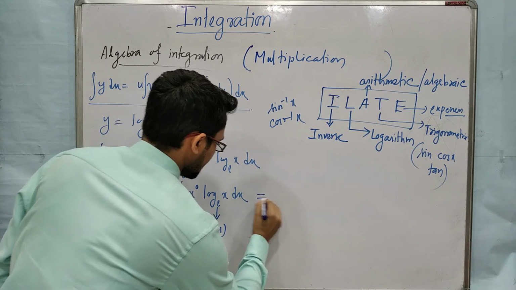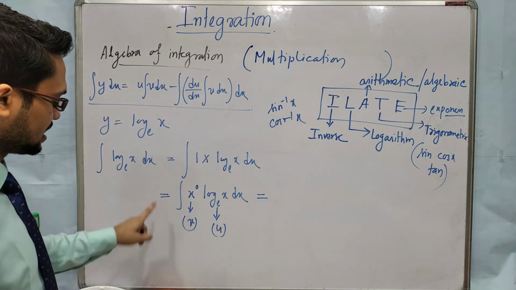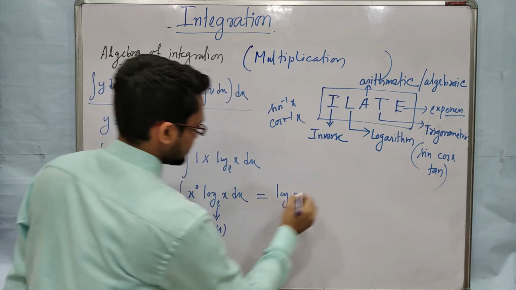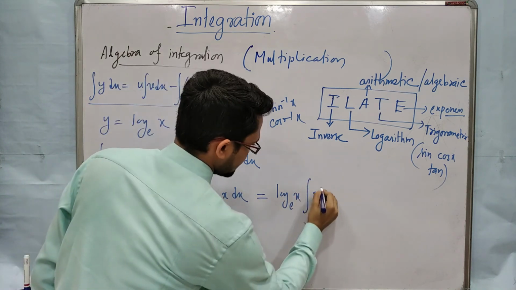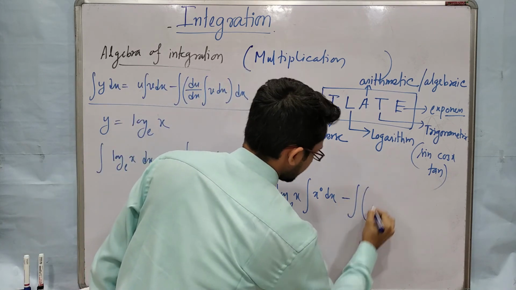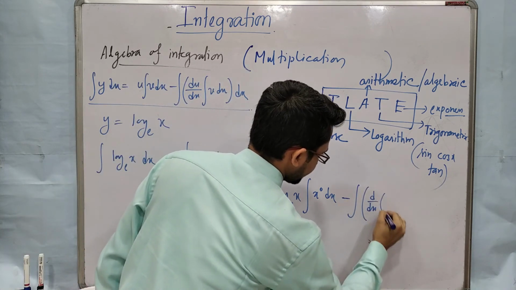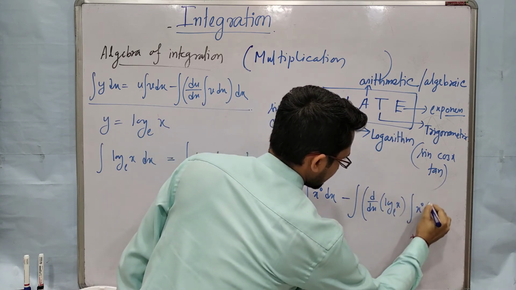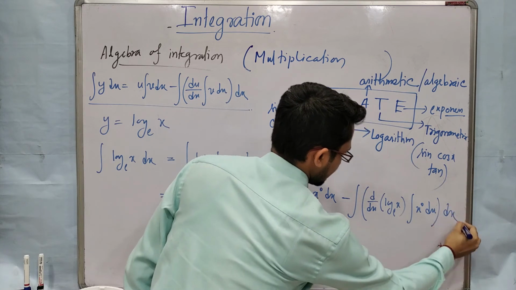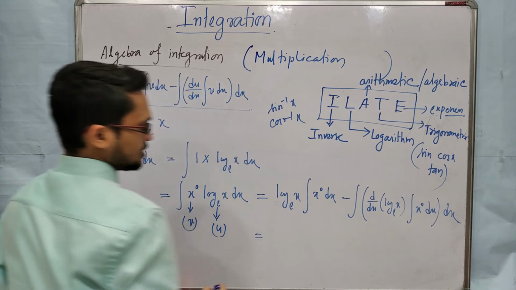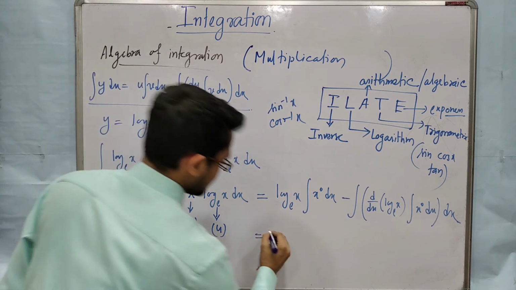So equal to, first u will come out, so log x comes out, integration of x to the power 0 dx, then minus integration, first we do the differentiation d/dx of log x, then integration of x to the power 0 dx, and then dx. x to the power 0 dx means x.